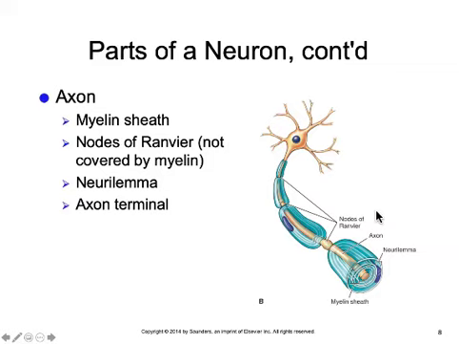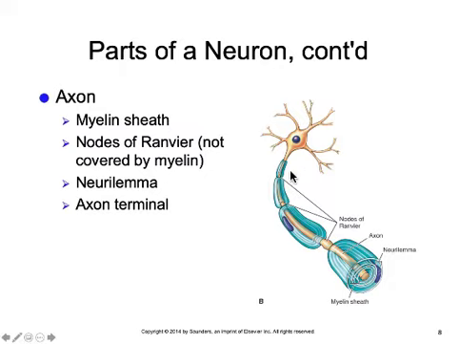Those are the neurons that send information to our skeletal muscles so we can move, and bring information from our joints and our muscles into the central nervous system so that we are able to do things like maintain our balance.